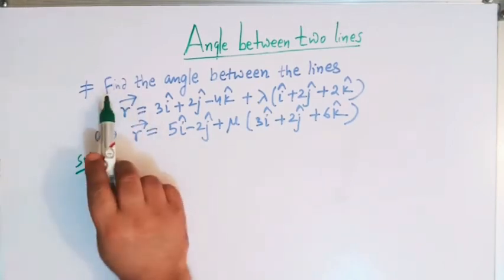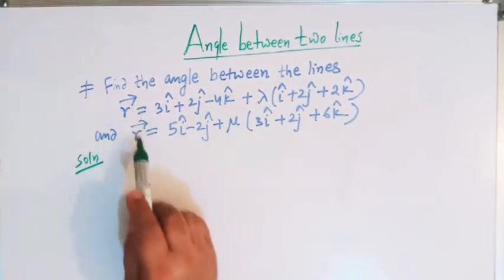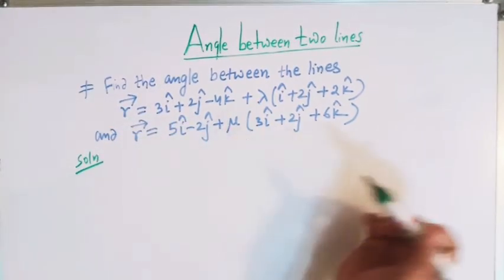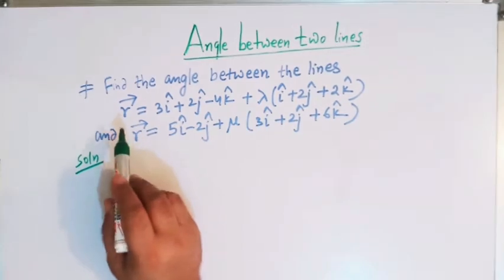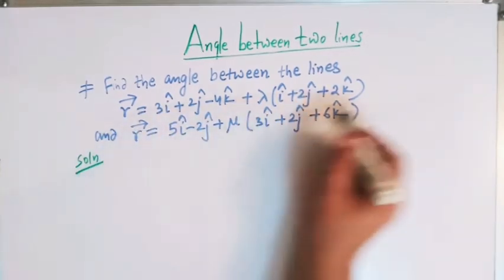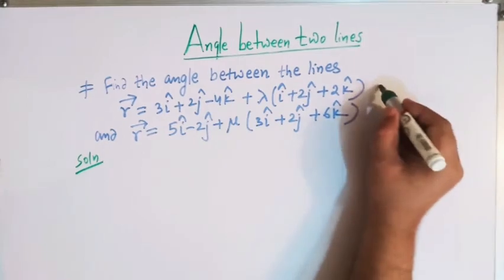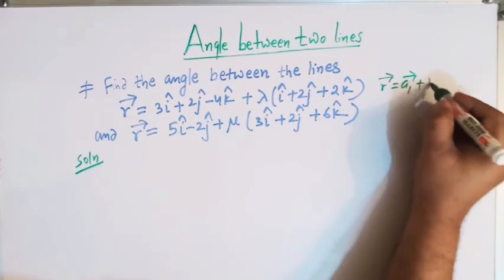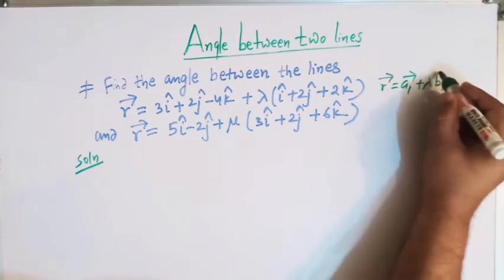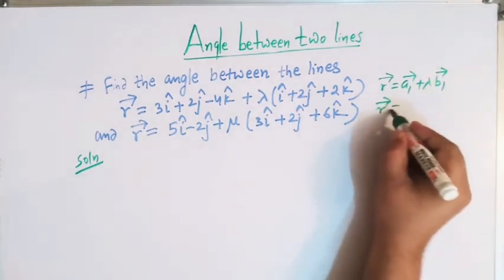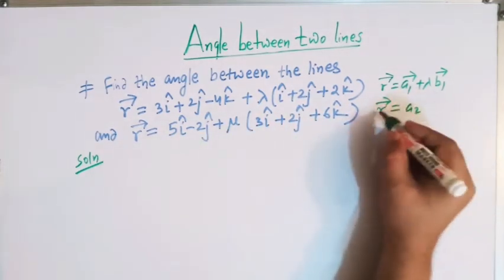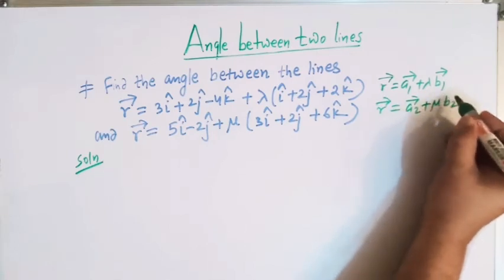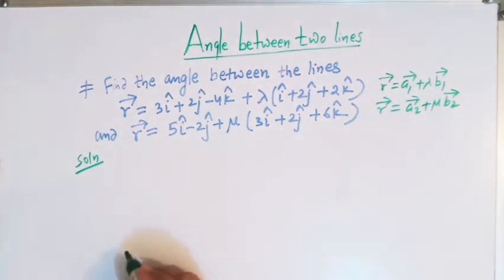Now let us find the angle between these two lines, and in this case the equations are given in the form of vector equation, right? So here the first line is vector r is equal to vector a1 plus lambda times vector b1, and the second line is vector r is equal to vector a2 plus mu times vector b2. Clear?